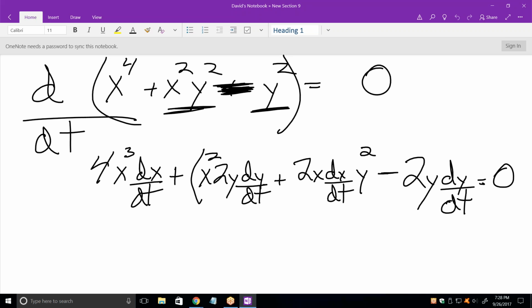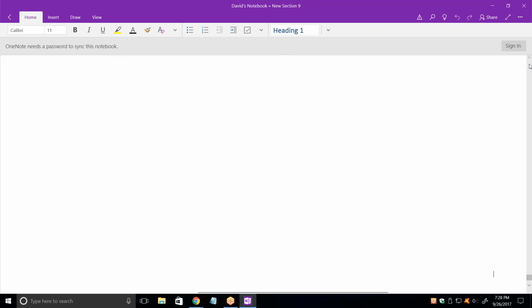Now, let's do a real problem where you can understand related rates. We have a ladder, 5 feet tall.